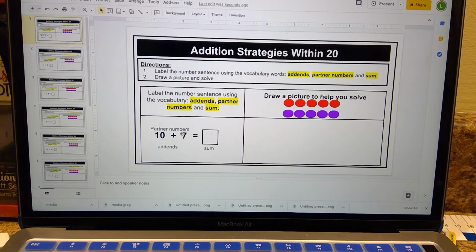So since I have 10, I'm going to pick one of the counter colors. It doesn't matter which one I choose, purple or red. Since purple is my favorite color, I'm going to represent the number 10 with 10 purple counters. So help me count it out. 1, 2, 3. That's kind of close. Let's move it over some. 4, 5, 6, 7.